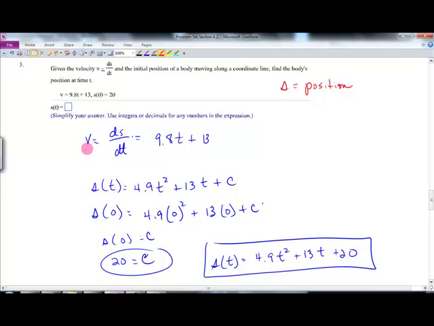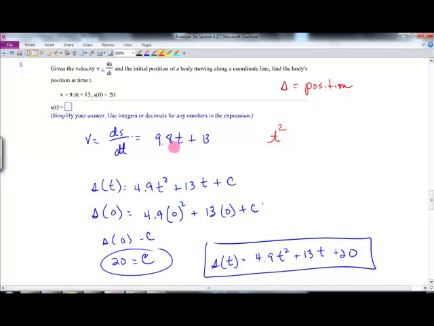All right, so if the velocity is equal to ds/dt equals 9.8t plus 13, we're trying to think of a function that if we took the derivative of it, we would get 9.8t. Well, remember, when you take the derivative, to get t, you would have had to have started with a t squared. And you would have multiplied that 2 by something to get 9.8.